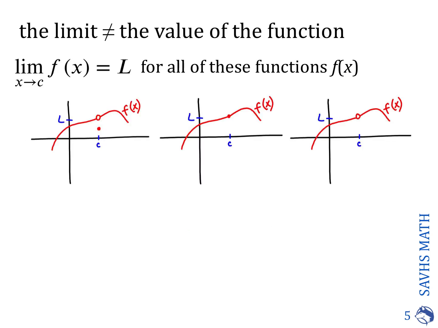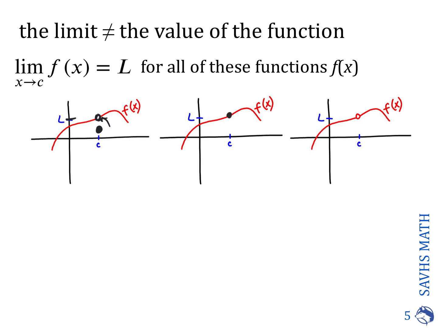We also talked about these different cases of different functions and how this function looks really similar except for this one spot at C. And so we talked about how if there's a hole but then another spot at which the function is defined, the limit is still L for all of these different types. So this one has a hole here, but it's defined at that function. The limit is L, meaning that the y value of the output right there is L, even though the value of the function is actually not.